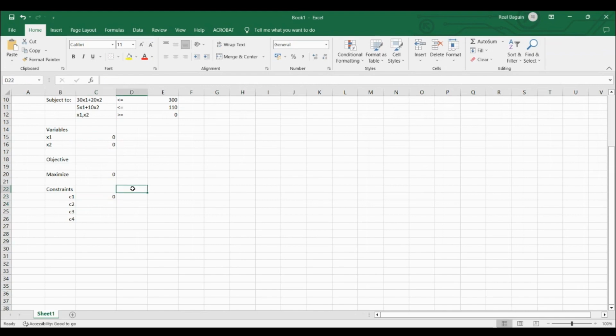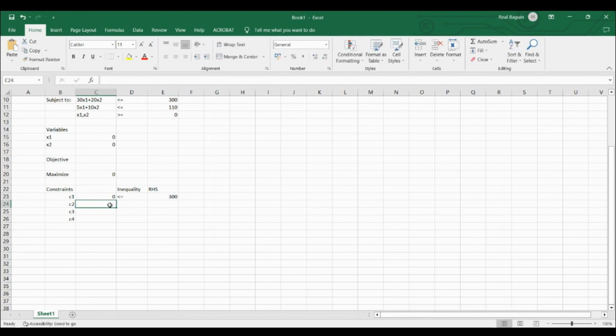Then we just put our inequality in the right hand side, that is less than or equal to 300.